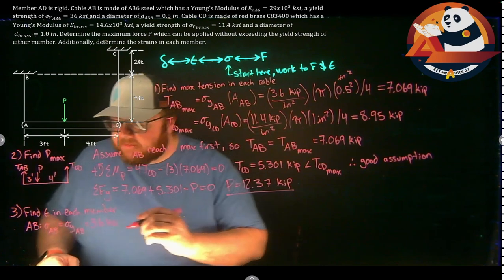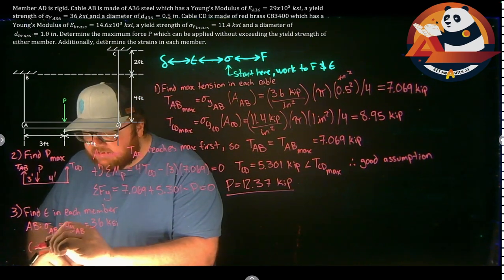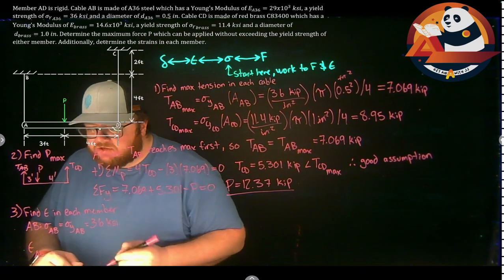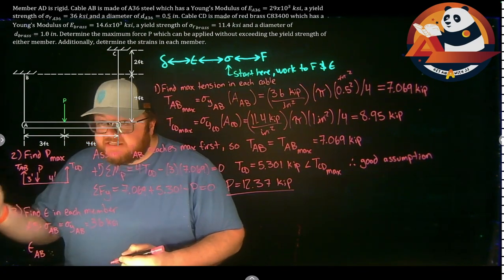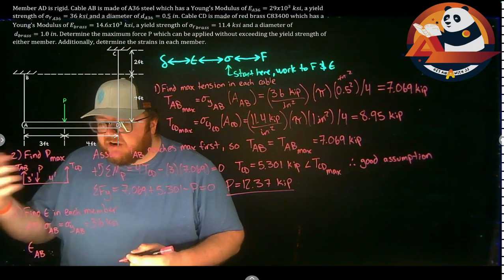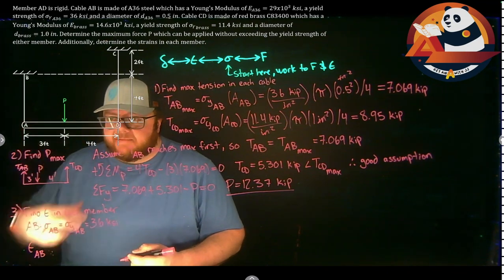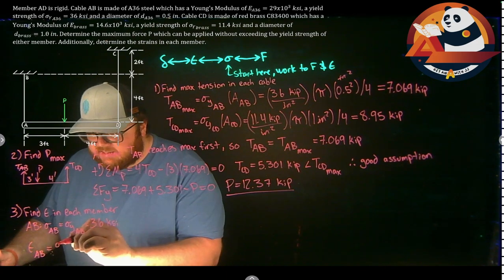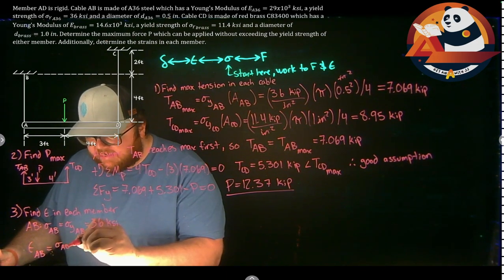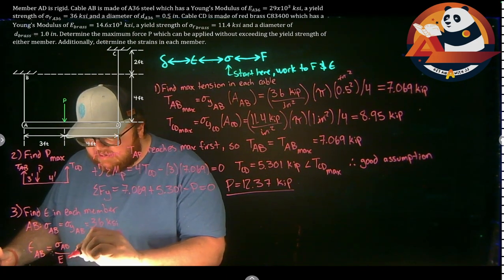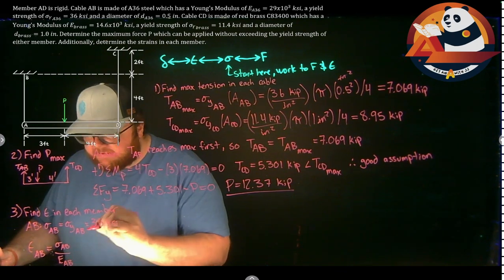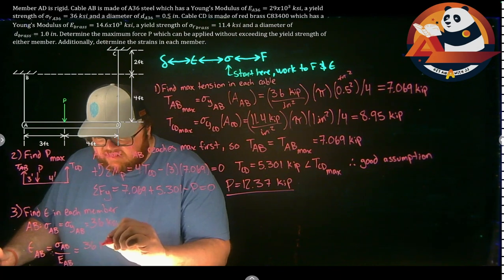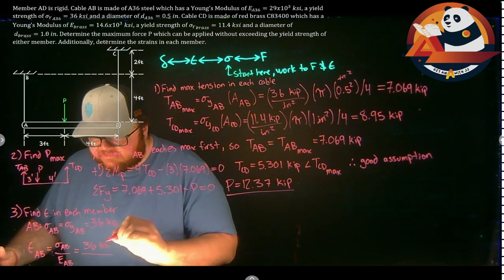From there, I can get to my strain in AB. Well, stress is E epsilon, so strain will be stress divided by E. This is sigma AB divided by E AB. Well, my stress is 36 KSI.